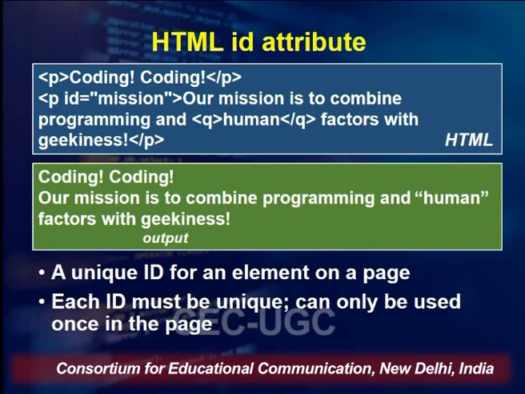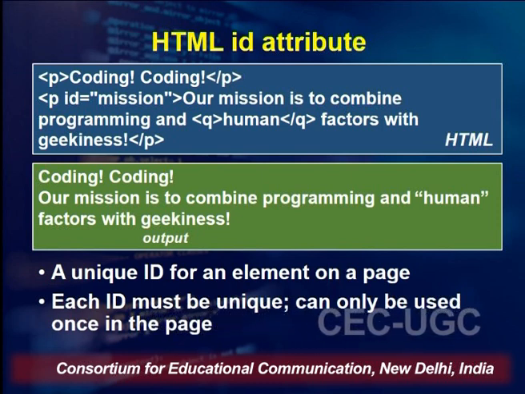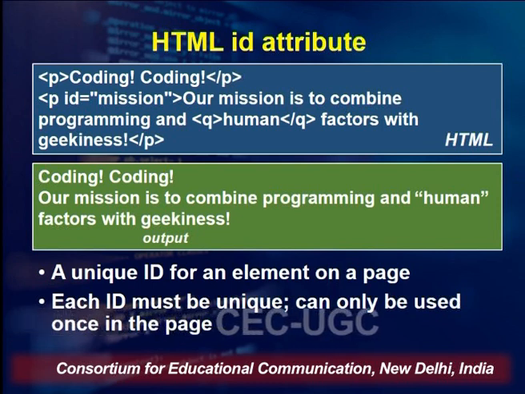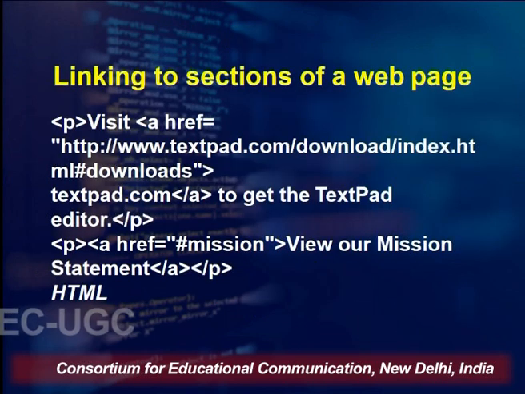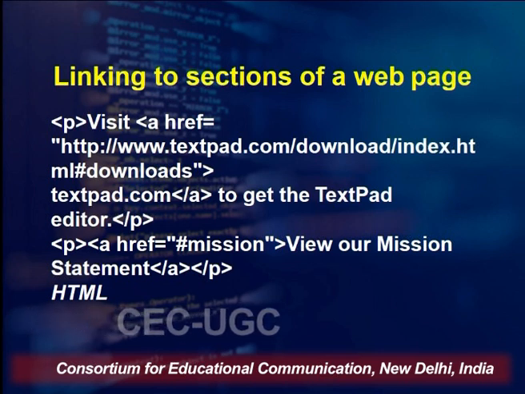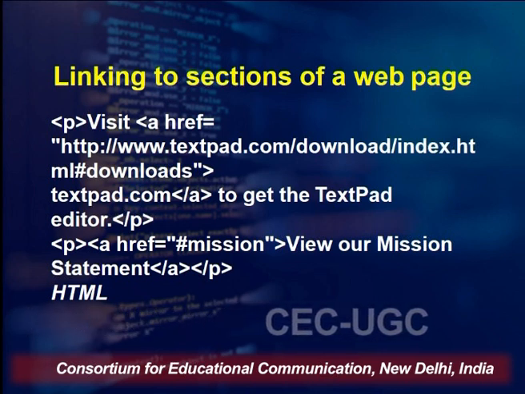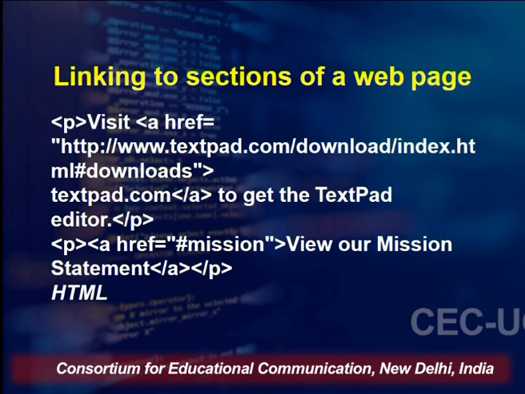You can see here we are defining one paragraph and we are giving it an ID, and then we are closing that particular paragraph. Now, what is the purpose of giving this ID? One purpose, of course, is for when we want to create links on the same page. You can use this ID with a hashtag.